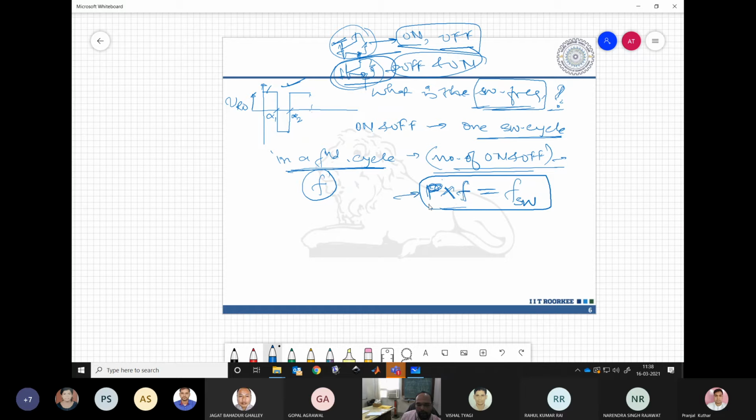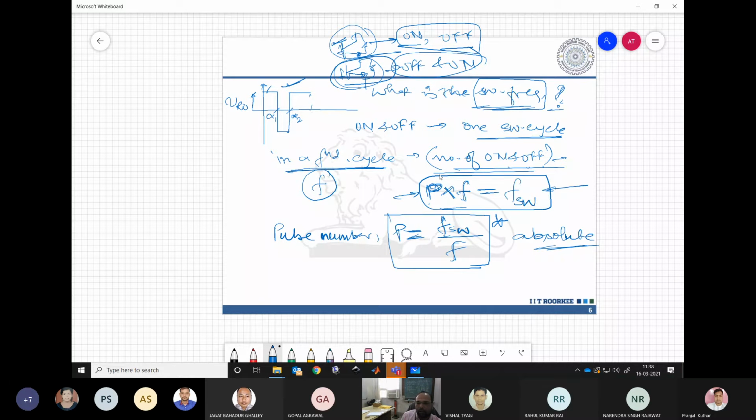So P is the number of on and off cycles. So P is also called pulse number, which is basically a ratio of switching frequency and fundamental frequency. This is an important factor when we start classifying the motor drives in different domains, let's say high power, high speed and all these things, then this is something which is an absolute number to define terms.